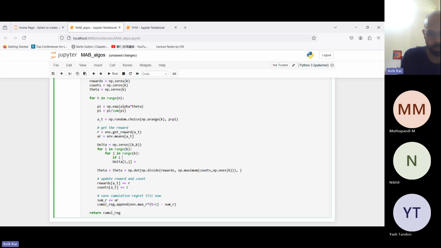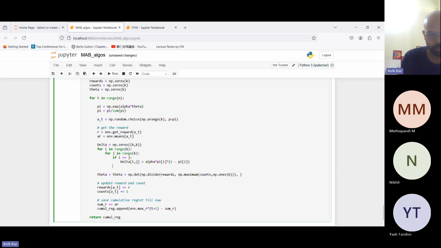So if i equals j, then delta ij equals alpha times pi i times 1 minus pi i.